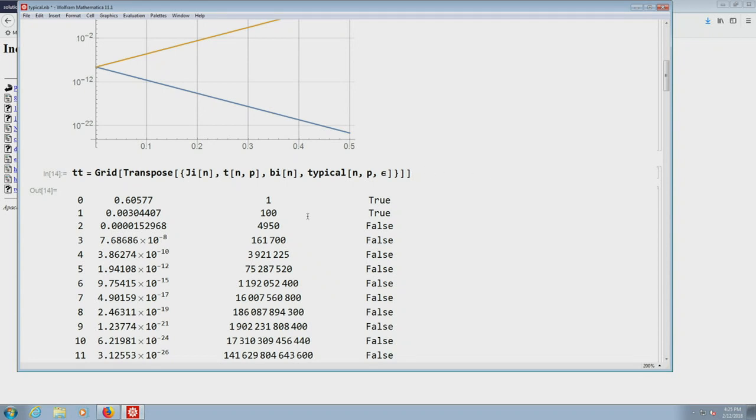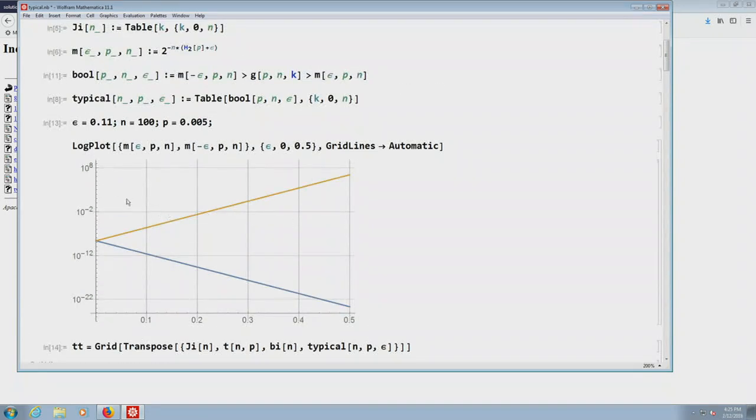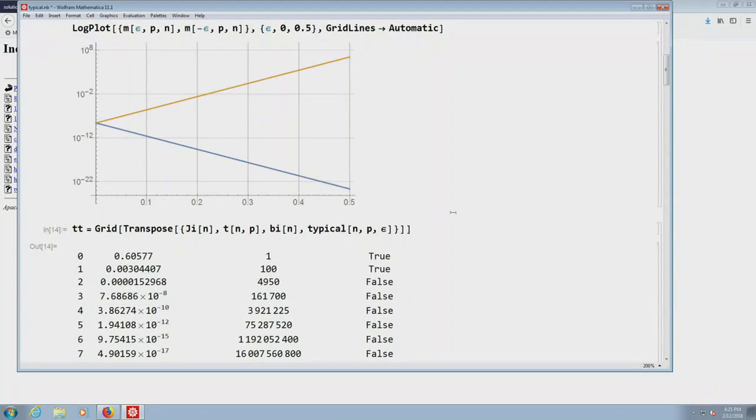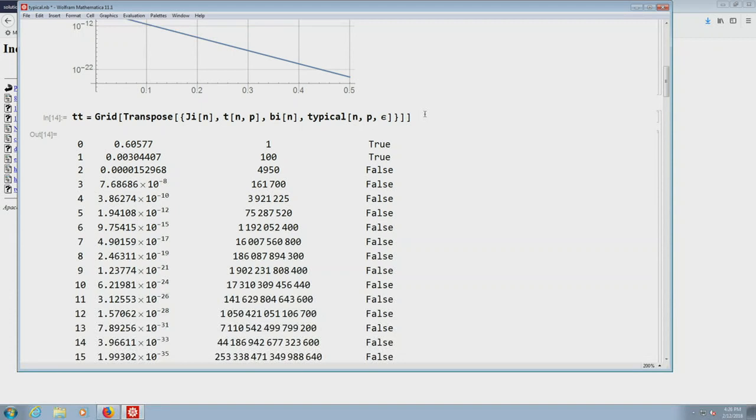Oh, it didn't do anything, did it? Okay. I'll do 0.2.